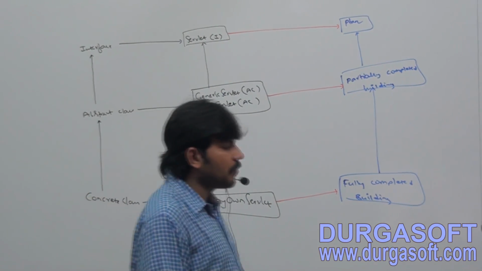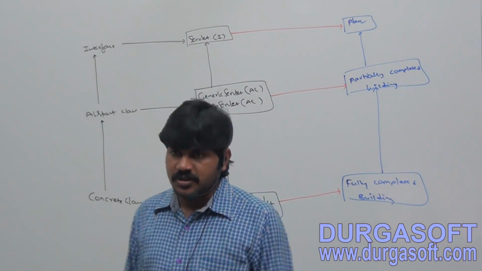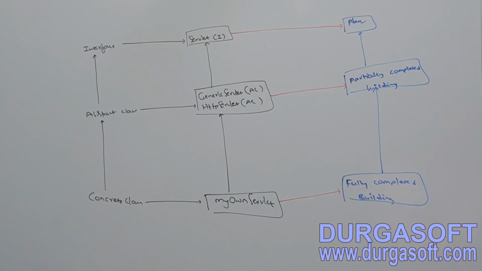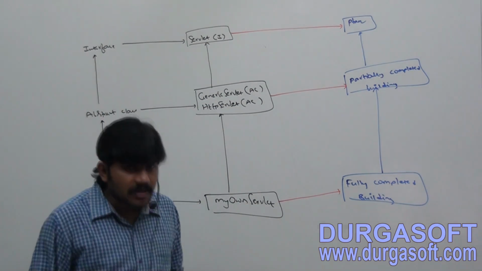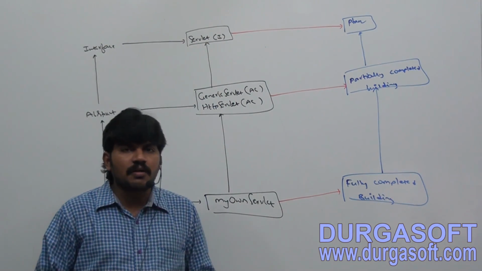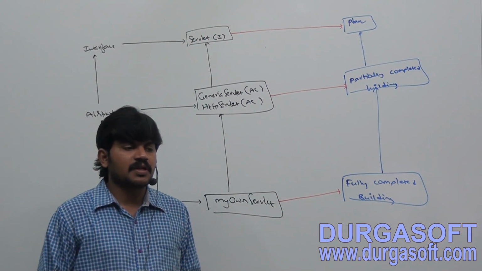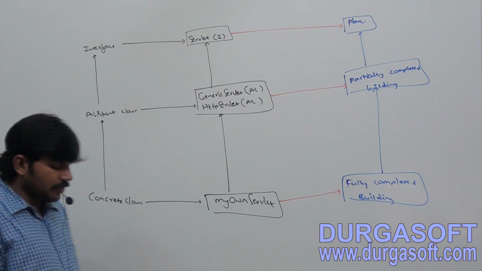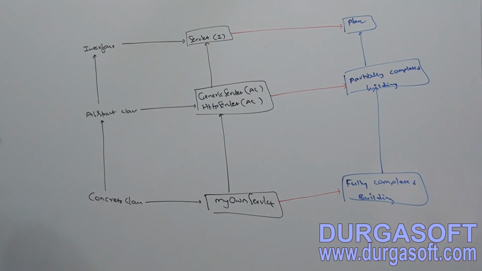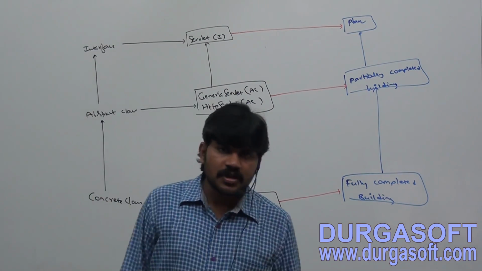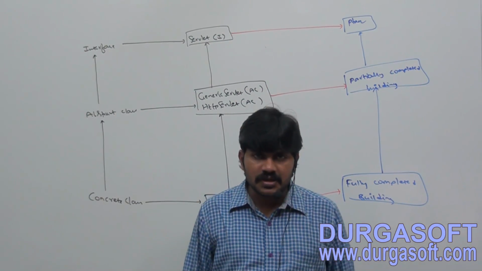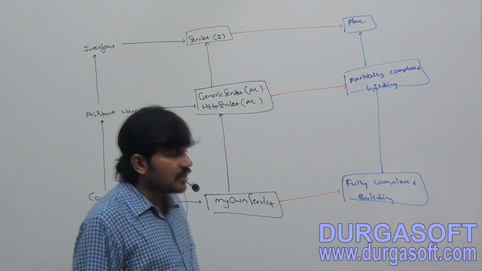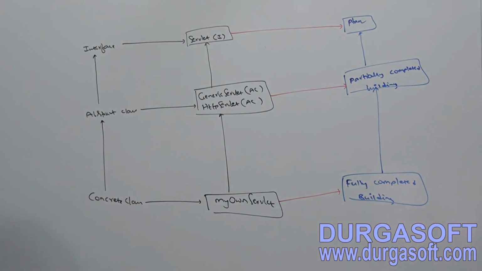Second point: if we are talking about implementation but not completely, within brackets, partial implementation, then we should go for abstract class.